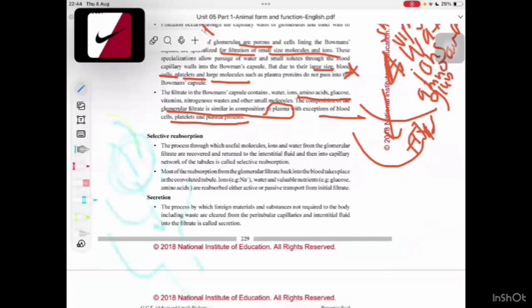When the filtrate enters the Bowman's capsule, it goes into the PCT, loop of Henle, DCT, collecting duct, and into the ureter. And then it is going to get excreted.